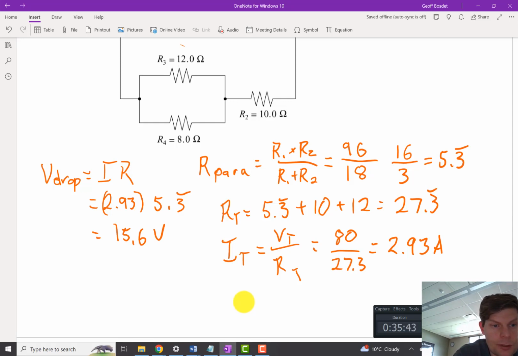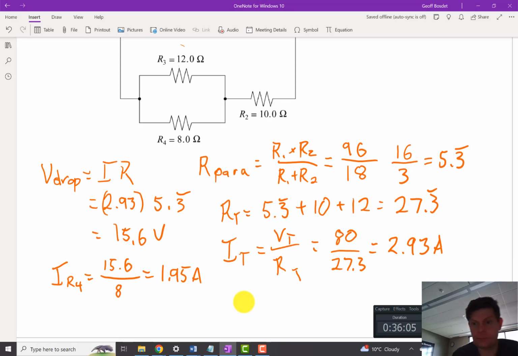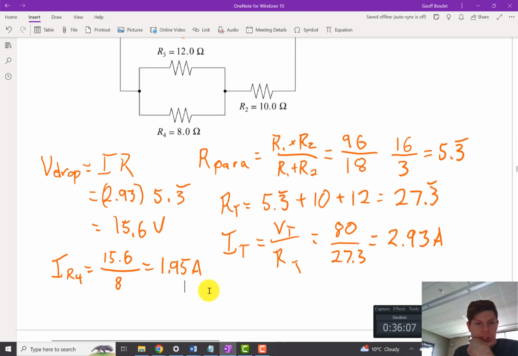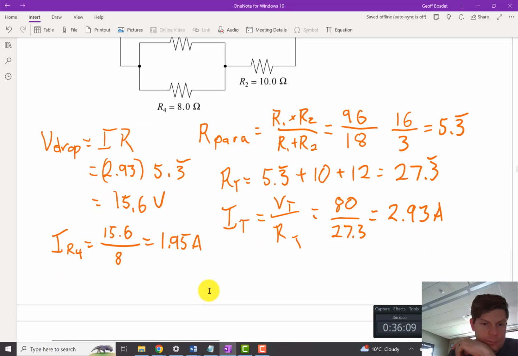All right, so we will just say, hey, the current through R4 is equal to voltage across it, which is 15.6, divided by the resistance of it, which is 8. And we got 1.95 amps. That's how you do that, sucker.